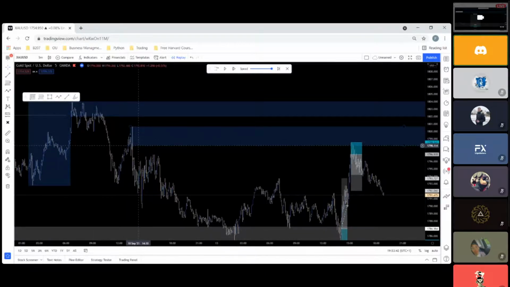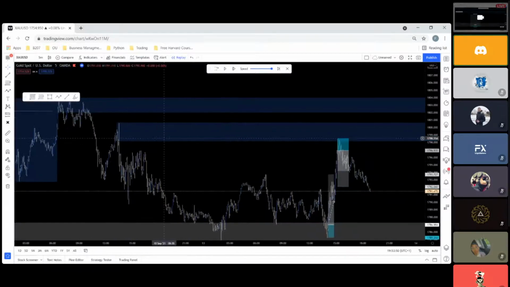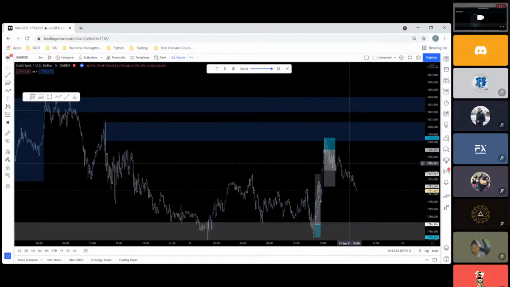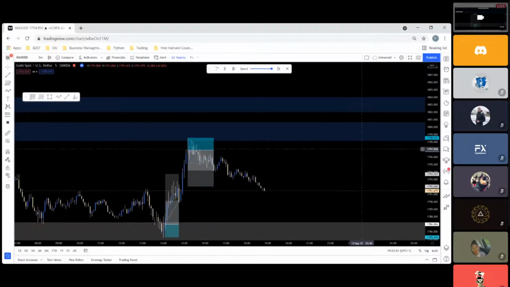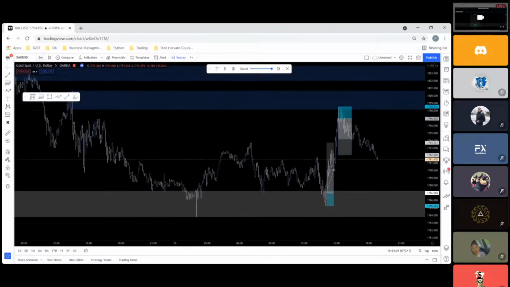Extreme liquidation. This is the last move that formed this order block. So for me, it's a valid zone, and if price hits it, it can easily give me a 3 to 5 RR trade.